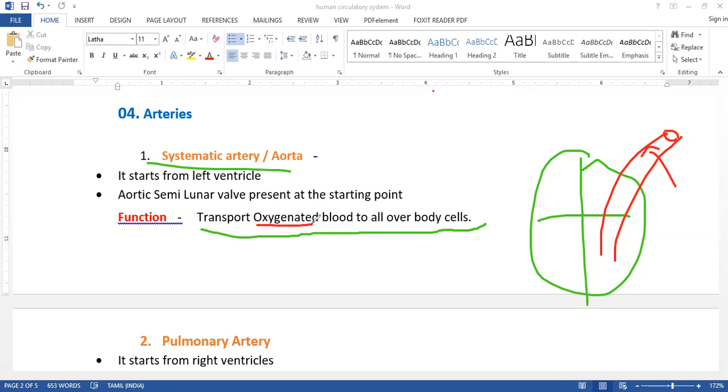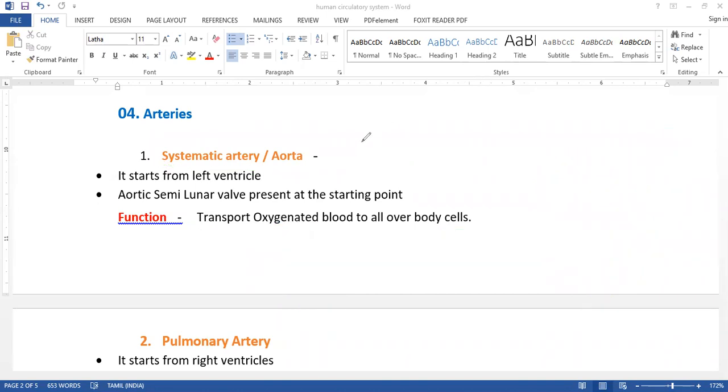Oxygenated blood. Oxygenated means what? Blood with oxygen present. So the function of the systemic artery or aorta is to transport oxygenated blood to all our body cells. I will explain this very clearly later.